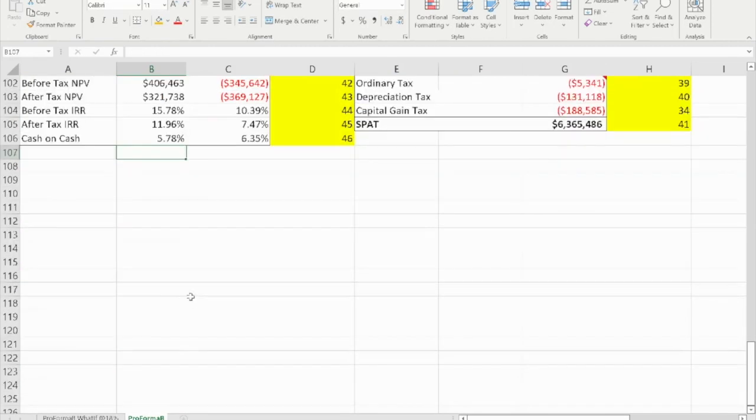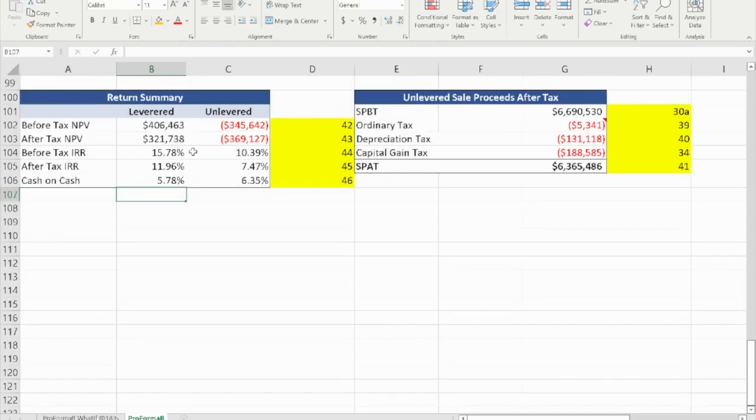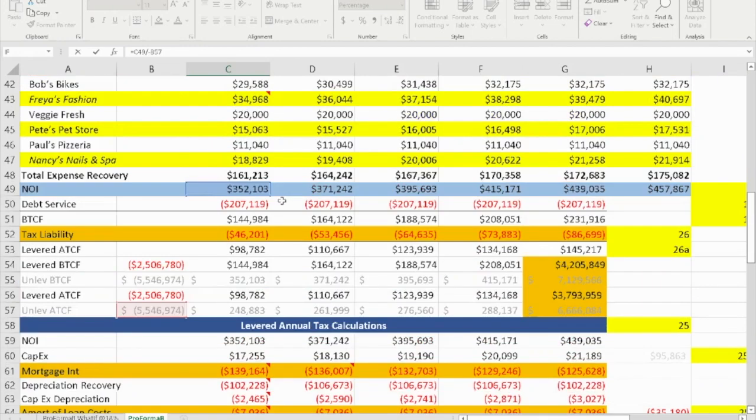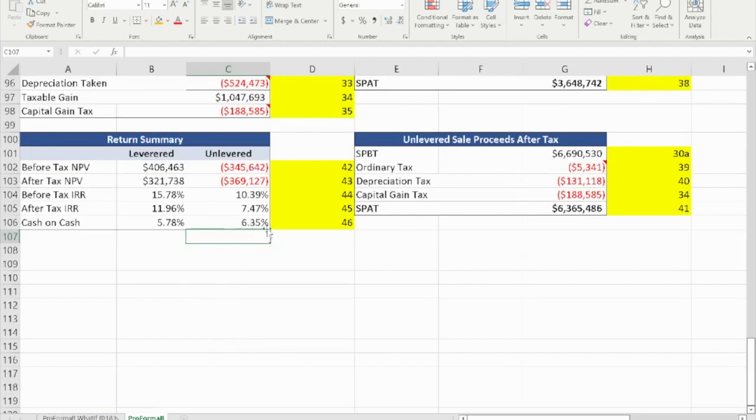We're getting only 5% cash on cash with the investment that we made for levered. For unlevered cash on cash, it's going to be the NOI, because we don't have a loan, divided by our initial investment of 5.5 million. That should give us 6.35% unlevered cash on cash.